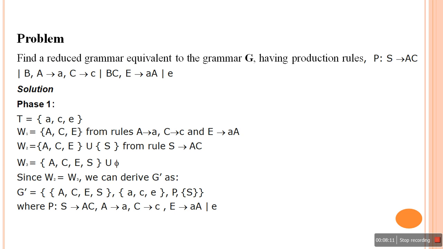W1: from the rules we can see the set of non-terminal nodes is A, C and E, from rules A determines A, C determines C and E determines A. W2 is A, C, E union S. If we take the union with S, then we can have A, C union S from the rule S determines AC.